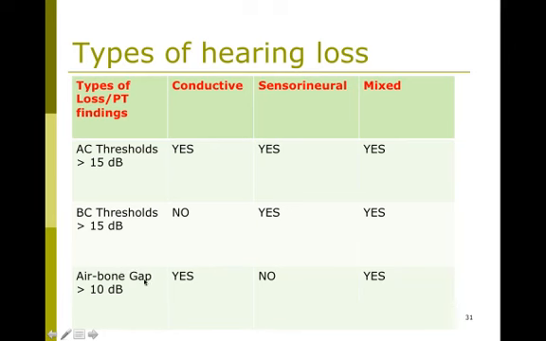In other words, the air-bone gap is going to be more than 10 decibels. For purposes of this course, let's just compare the air conduction thresholds and bone conduction thresholds for those three frequencies that we used to calculate the pure-tone average, namely 500 Hertz, 1000 Hertz, and 2000 Hertz. If the bone conduction thresholds are within normal limits for 500, 1000, and 2000 Hertz, and you see a significant air-bone gap, then your diagnosis would be a conductive hearing loss.